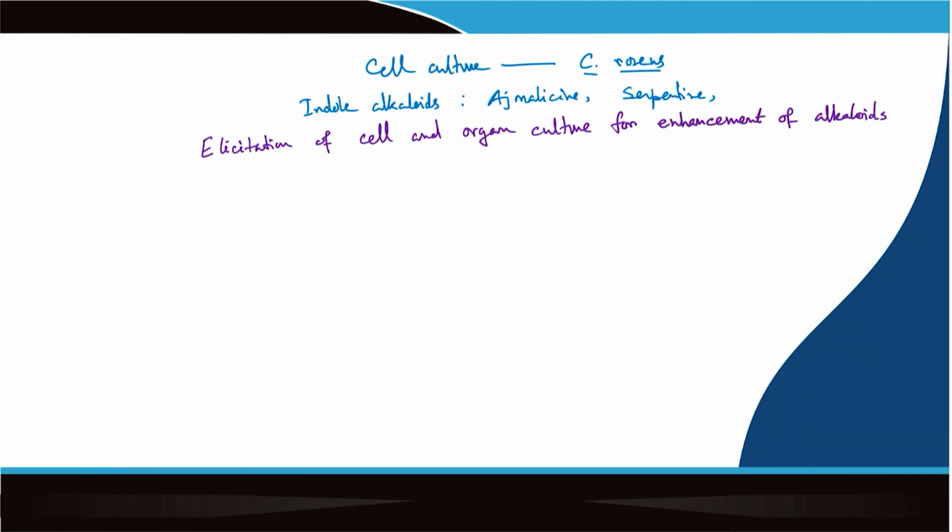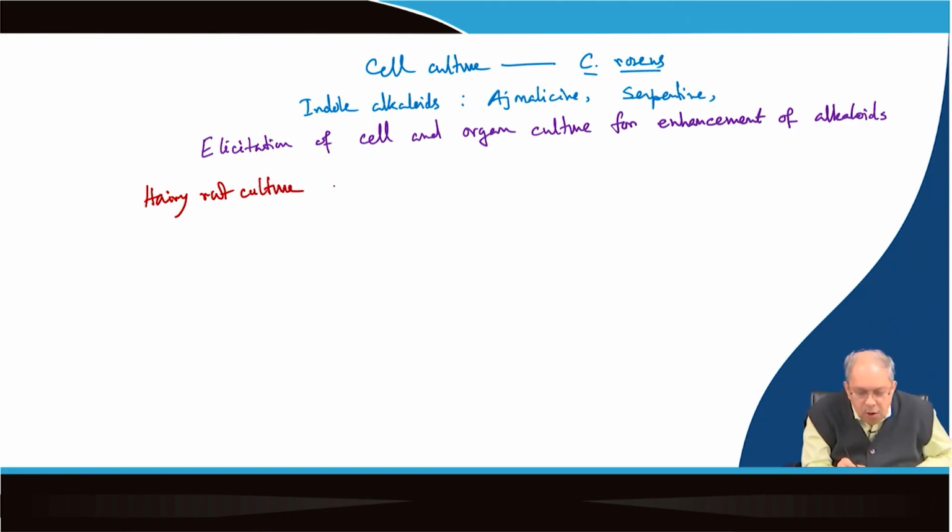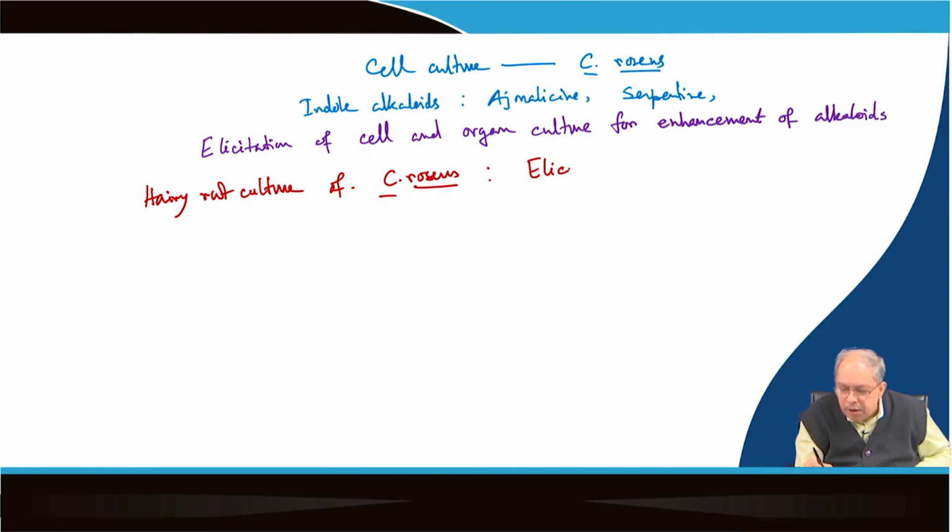So, what have they done? As I said, they have a very stable hairy root line. Hairy root culture of Catharanthus roseus was made and was treated with different elicitors.